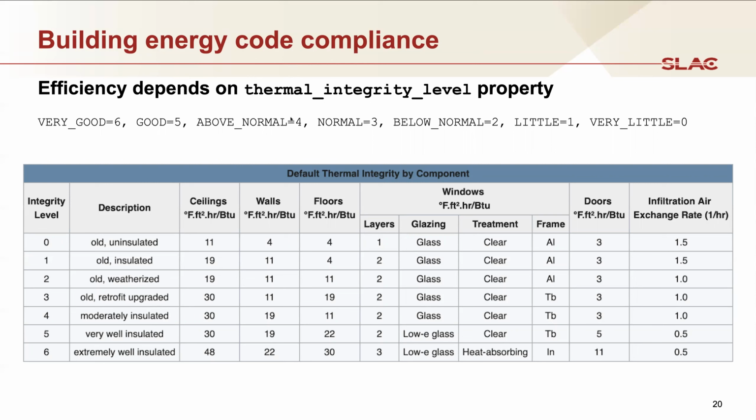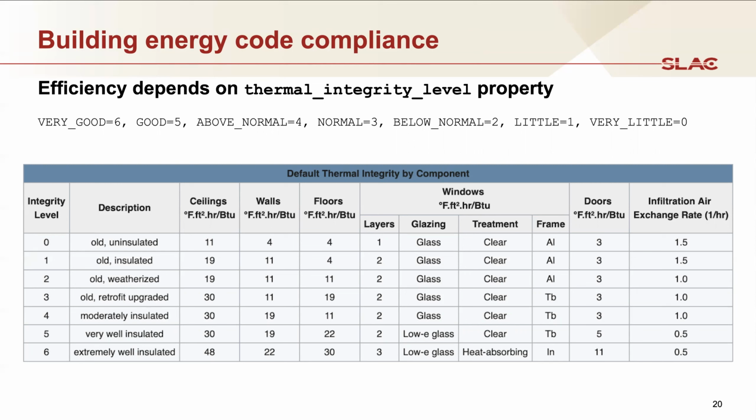If you've got a building that's above par, then you may have buildings that have extra insulation or, say, heat absorbing glass. These are things that would significantly improve the performance of the building over time. So setting the building integrity level is basically how you choose what quality of construction is involved in a particular study.